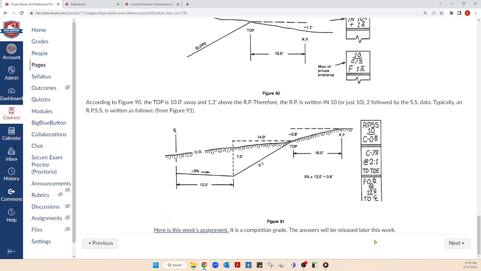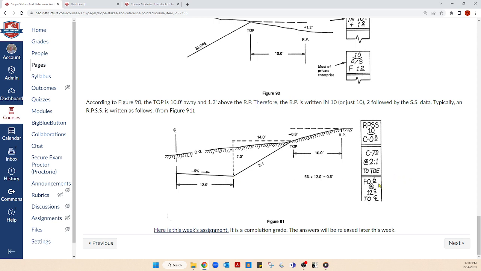The hub would be down here. And we talk about that in slope staking, but we can talk about it again. But here's your double liner. And then I want you to cut 7 feet at 2:1. So the 7 at 2:1 gives us 14. That puts us down here at the ditch or bench or hinge point, or the toe as they're calling it.